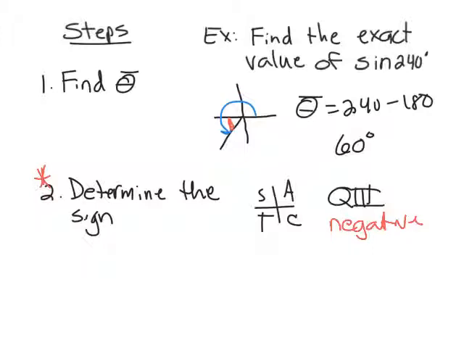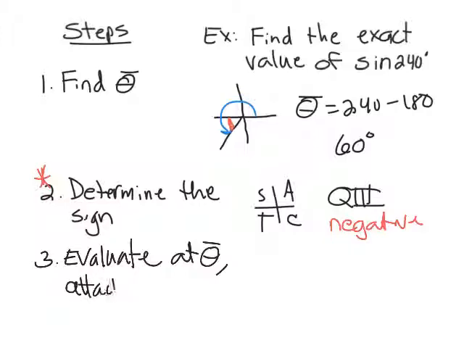So the third step is we evaluate the function at the reference angle, and attach the appropriate sign. What I'm really evaluating, the sine of 240, is equivalent to negative sine of 60 degrees, because the reference angle is always in the first quadrant, which is always going to be positive.